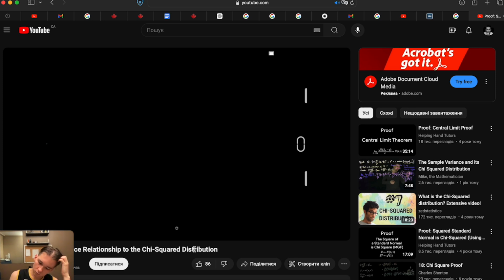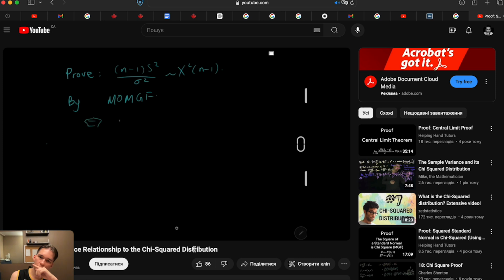If we are proving, using our setup from before, that n minus 1 s squared over sigma squared is chi-squared with n minus 1 degrees of freedom by the method of moment generating functions, this is equivalent to saying that the MGF of n minus 1 s squared over sigma squared at t is equal to the moment generating function for v, where v is some chi-squared with n minus 1 degrees of freedom.